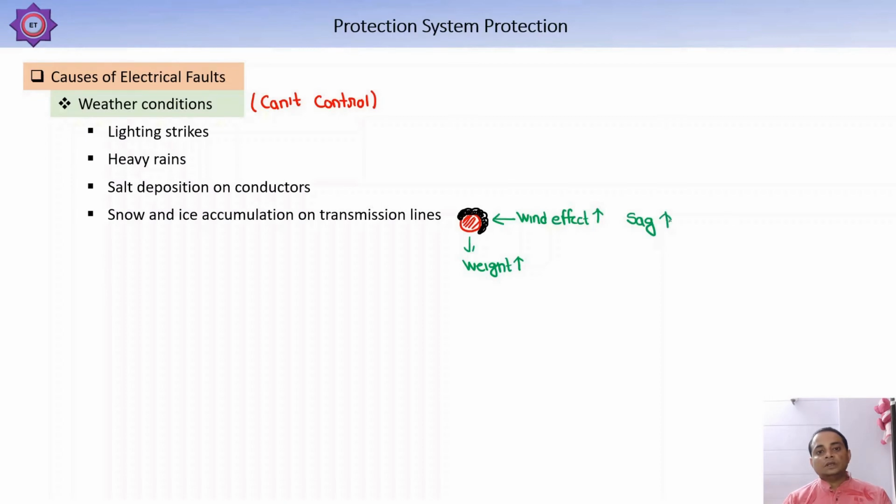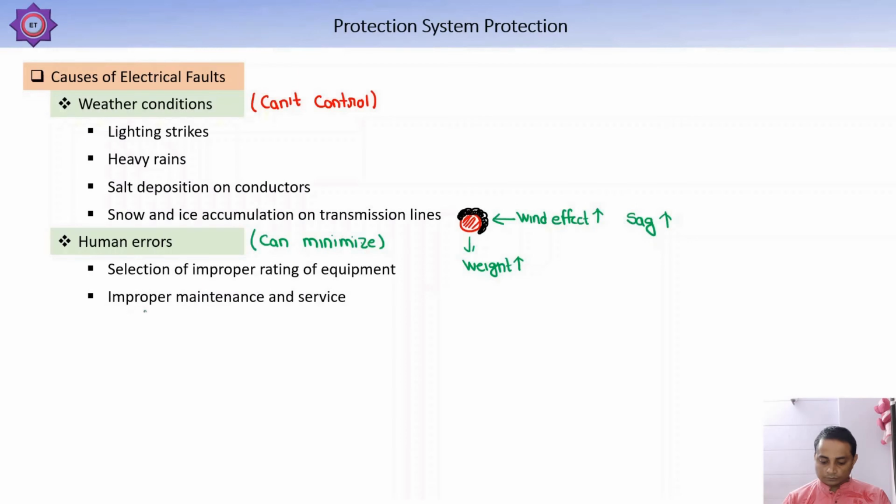The next cause is human error. We can minimize it. And the next one is equipment failure. It may be due to aging of equipment.